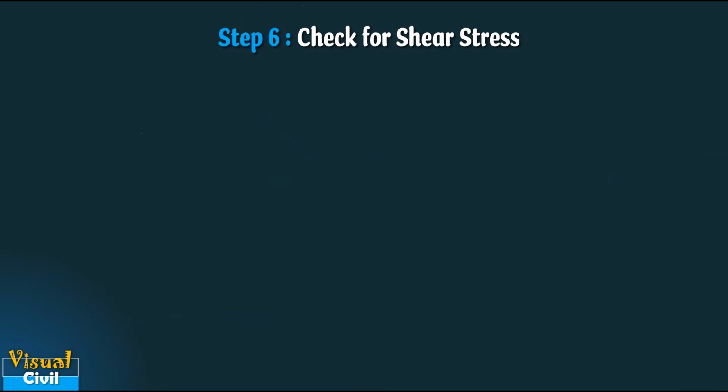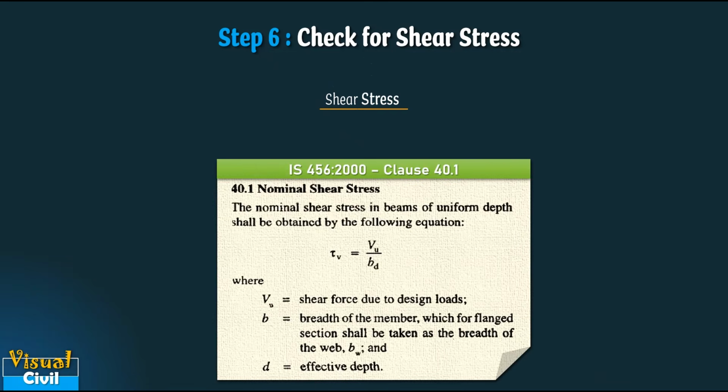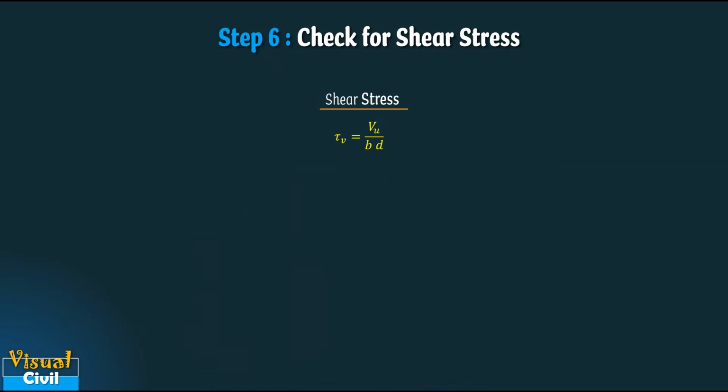In step 6, check the feasibility of the beam section and reinforcement for the shear stress. The nominal shear stress in the beam due to shear force is obtained by using the equation given in clause 40.1 of IS 456.